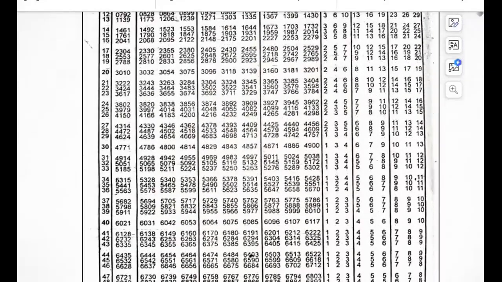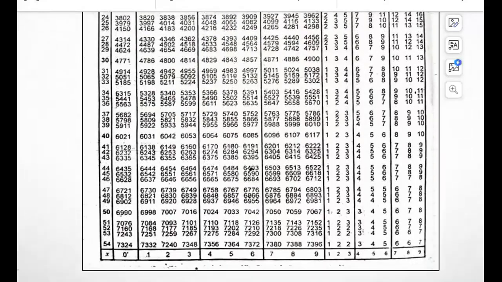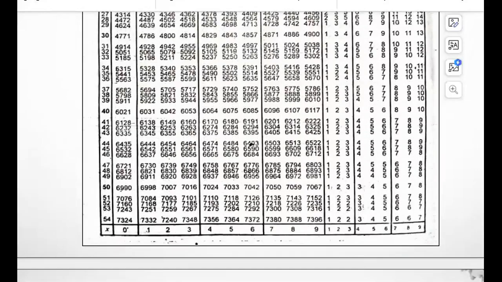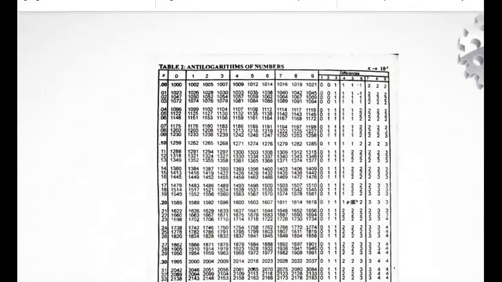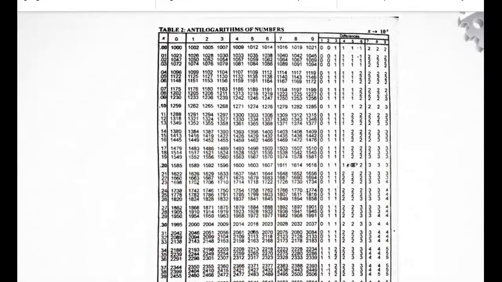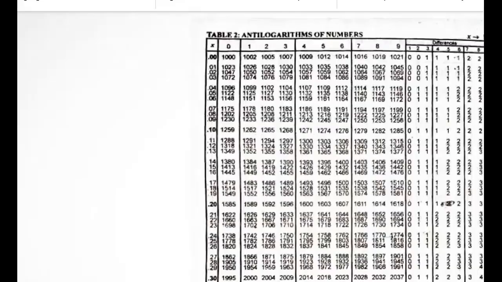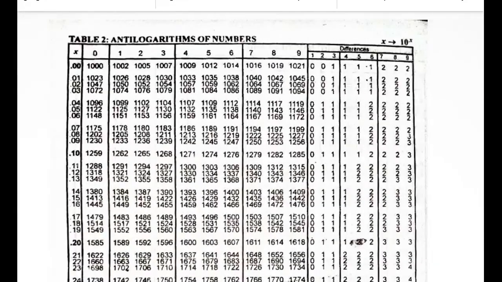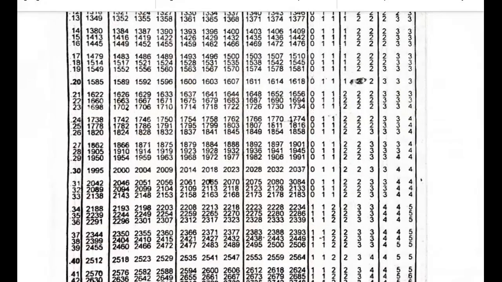So also, our anti-log table begins from 0.00 up to where it ends.